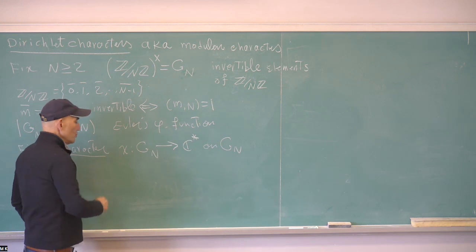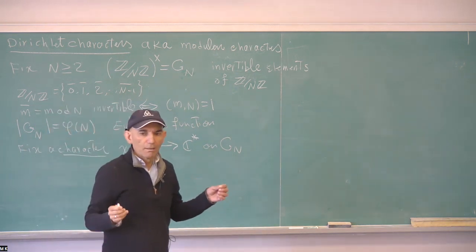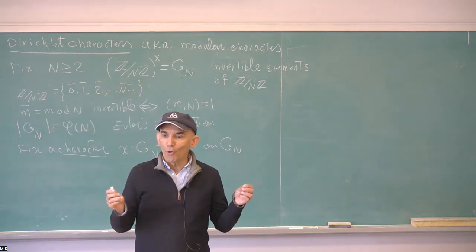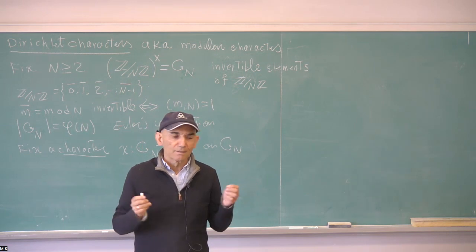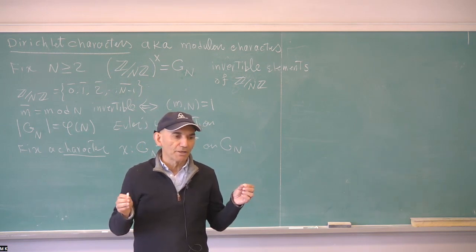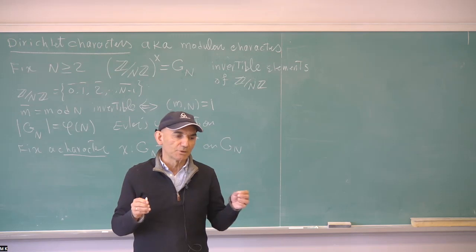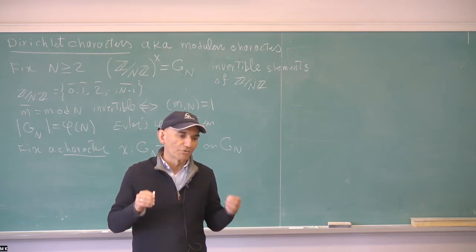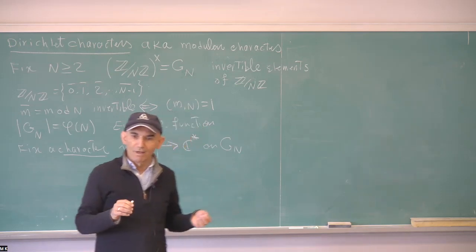Then what you can do, you can extend this almost brutally to the whole Z by declaring the value of the character to be 0 on elements which are not relatively prime to n.